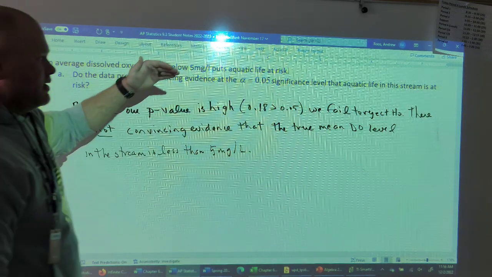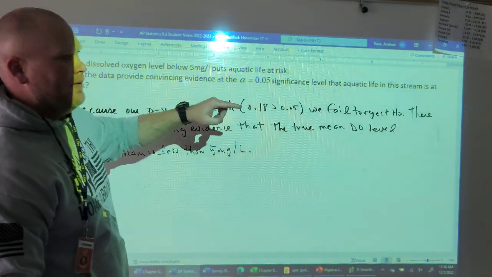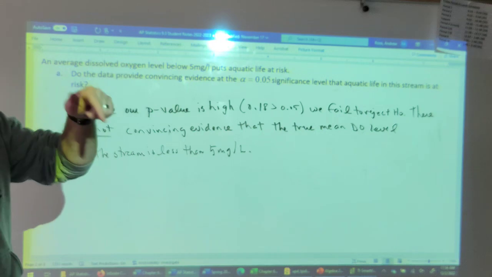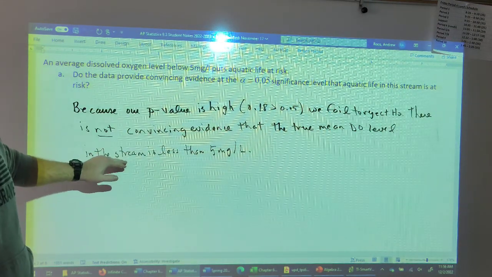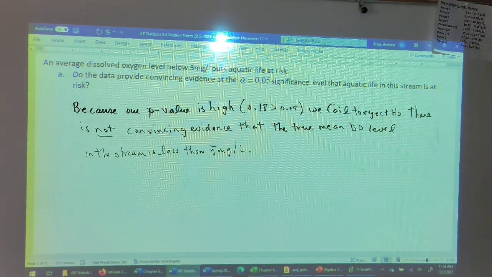So if we fail to reject H0, there's not evidence for HA. HA was that the true mean was less than 5. So if we fail to reject H0, there was not evidence for that, okay?